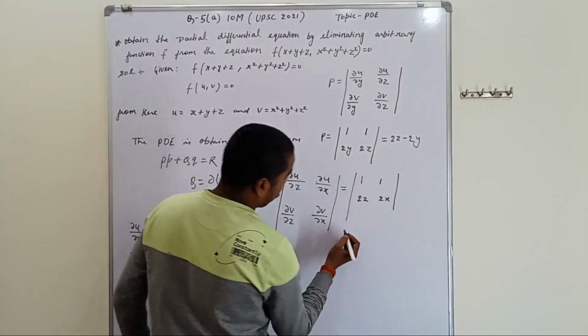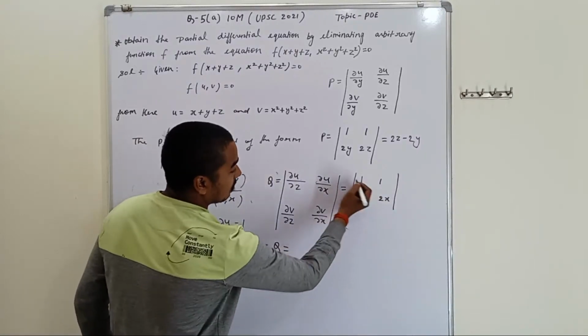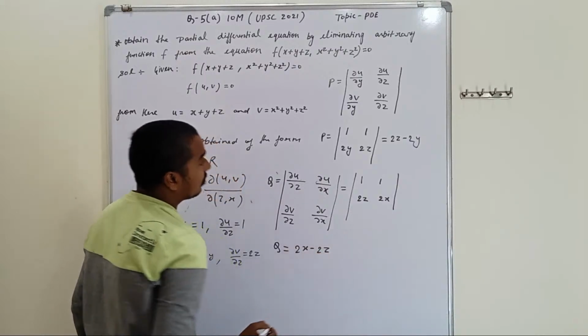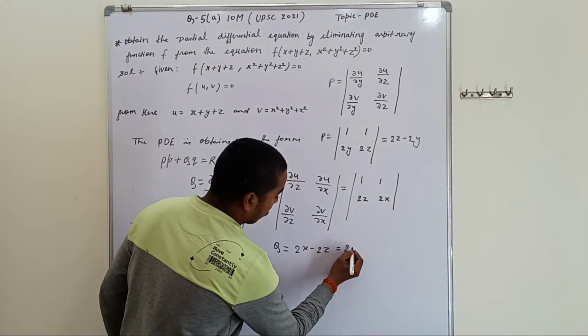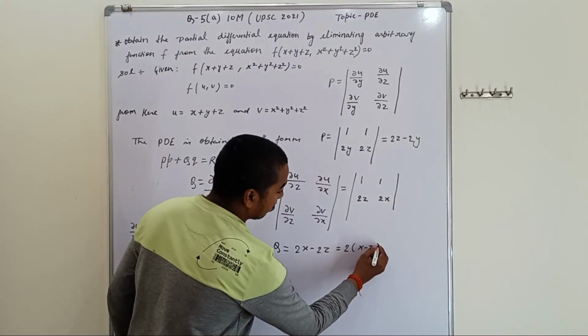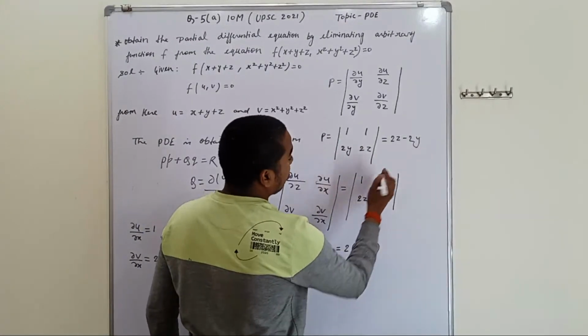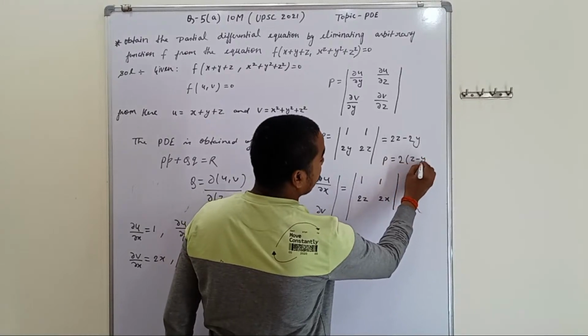Solving, Q is equal to, on cross multiplication, 2x minus 2z. Taking 2 common, that is x minus z, and similarly the value of P taking 2 common is z minus y.